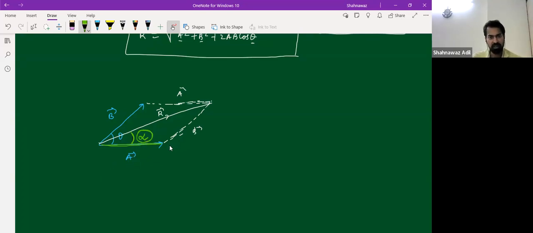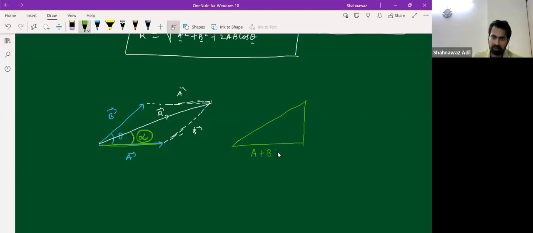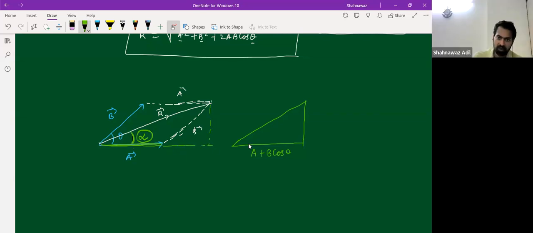And you guys remember the diagram, the effective right angle diagram. So this was the effective right angle diagram. This was A plus B cos theta, right? And this is now the alpha.